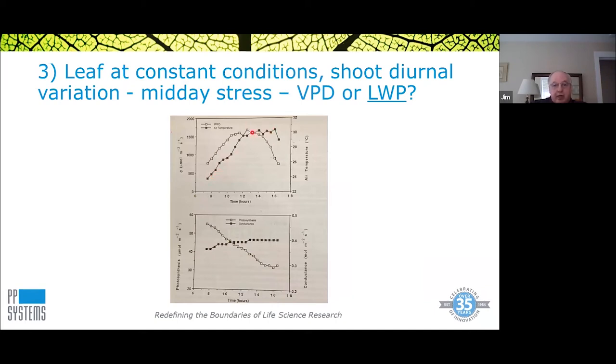So it's nothing extreme. In this case, it turned out that a diurnal drop in leaf water potential is causing this reduction in photosynthesis. So again, another reason for tracking diurnal patterns. In this case, the leaf was held at constant conditions and the external environment is forcing the leaf to do different things.